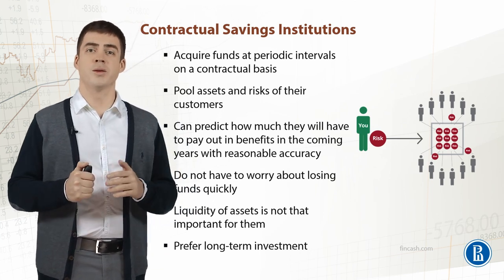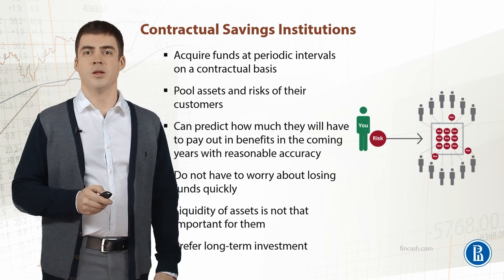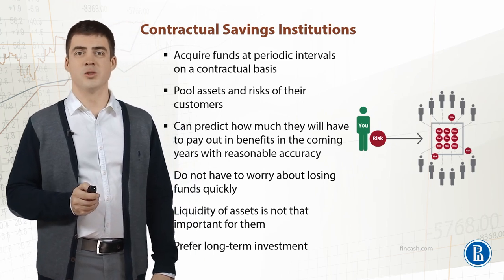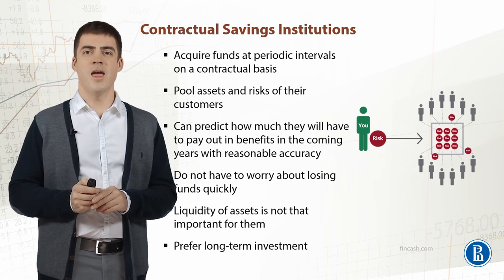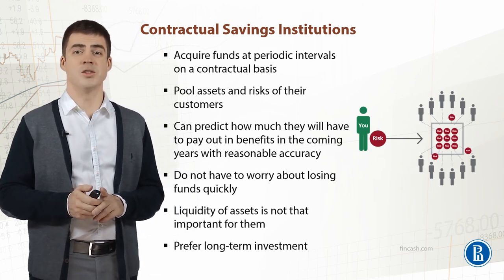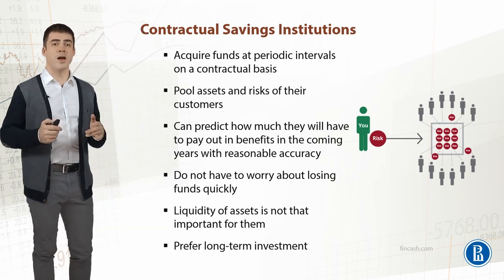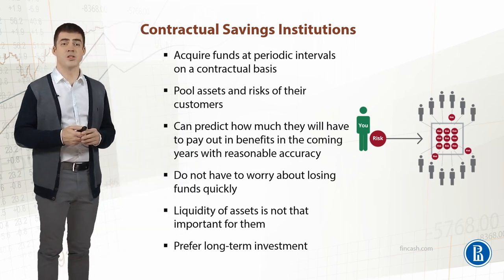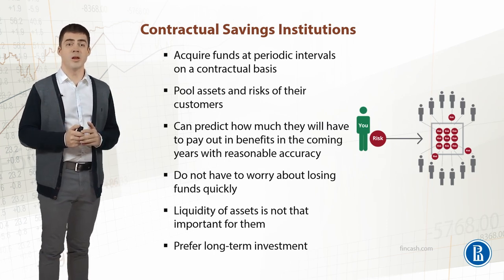The most popular types of institutions of this kind include insurance companies as well as pension funds. They operate in a different way compared to depository institutions. First of all, they acquire funds from their clients on a contractual basis, and generally those payments are periodic.